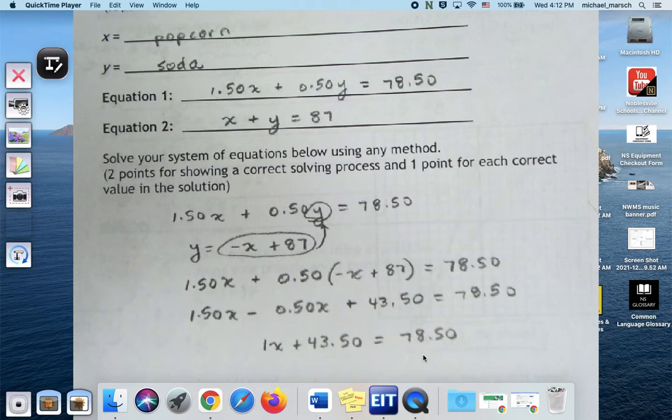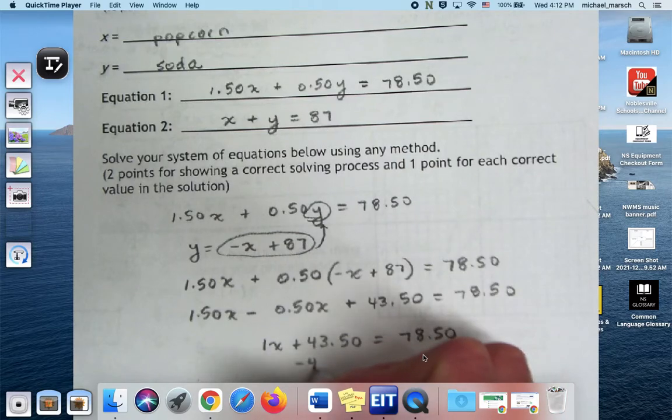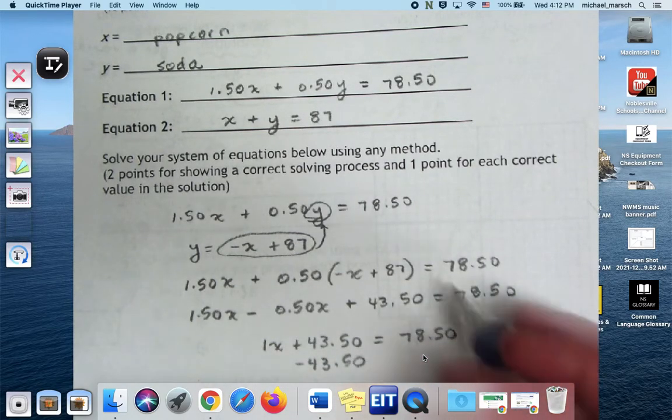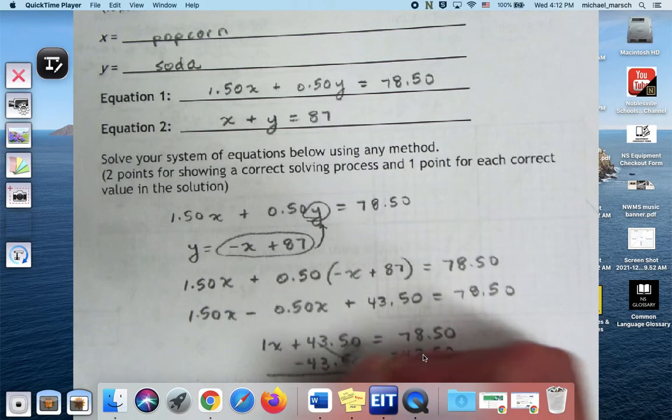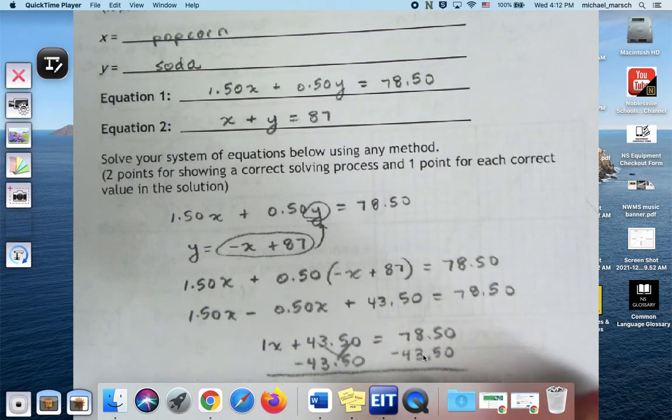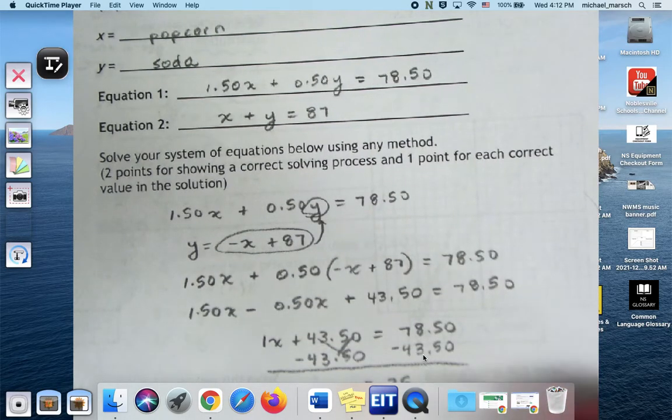78.50 minus 43.50 tells me that I sold 35 popcorns.